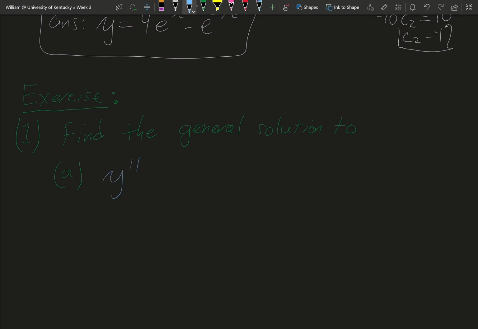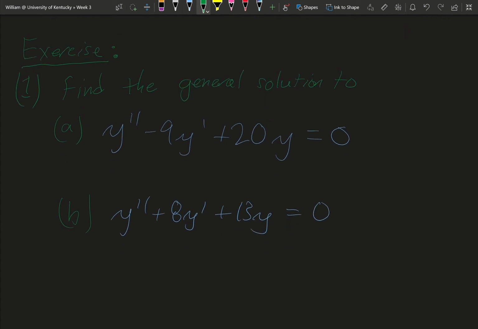Part A: y double prime minus 9y prime plus 20y equals 0. Part B: we're going to do y double prime plus 8y prime plus 13y equals 0.